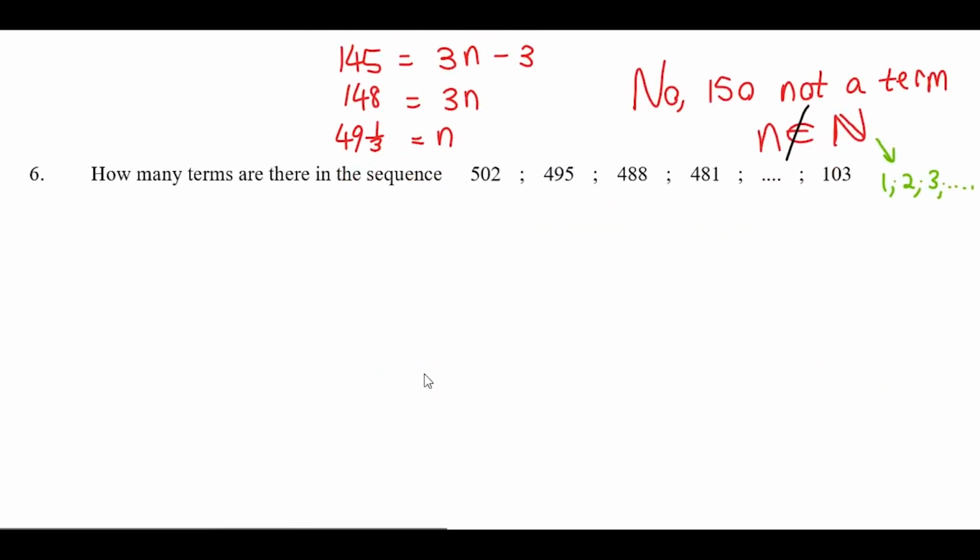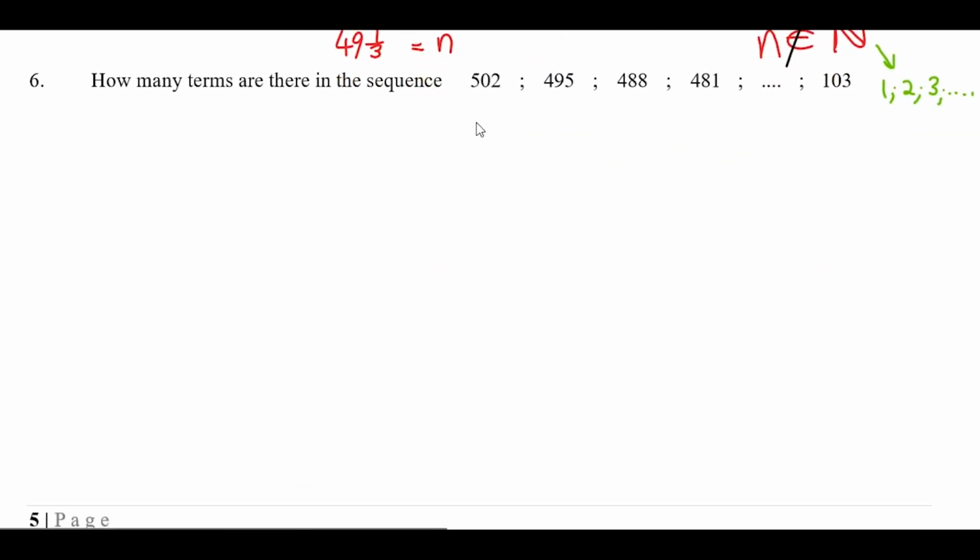Right, question number 6. How many terms are in this sequence? Let's try this one. We're going to write down our formula. Tn is a plus n minus 1 lots of d. And so we want to know which term number is equal to 103. Again, I know a, I know d.